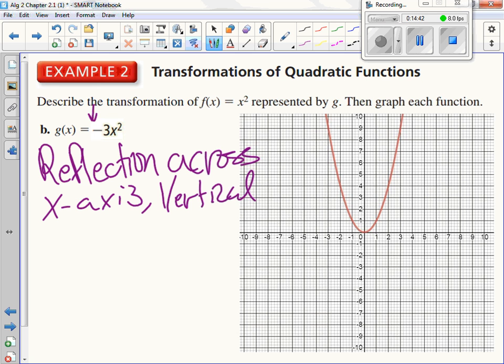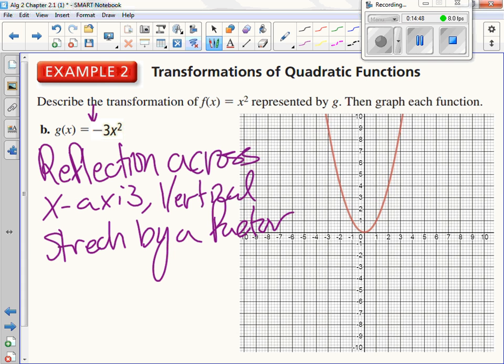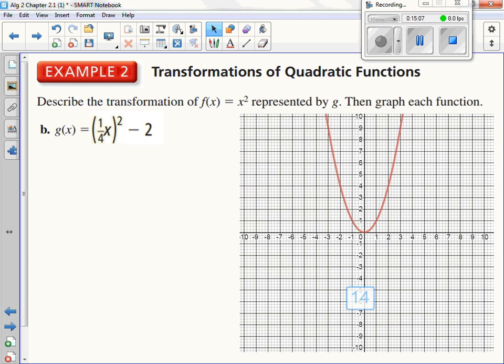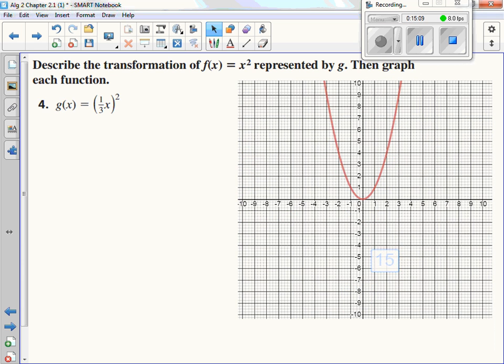Vertical stretch by a factor of 3. And that's it. Ta-da. And then we can graph both of those and kind of match it up.